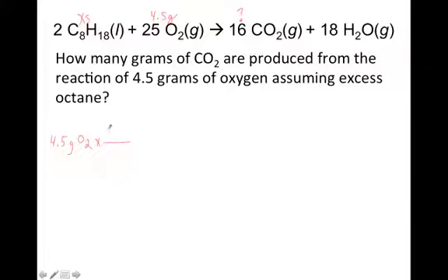For every 1 mole of oxygen, there are 32 grams of oxygen, because there's 2 of them, it's a diatomic. For every 25 moles of oxygen, there are 16 moles of carbon dioxide produced.